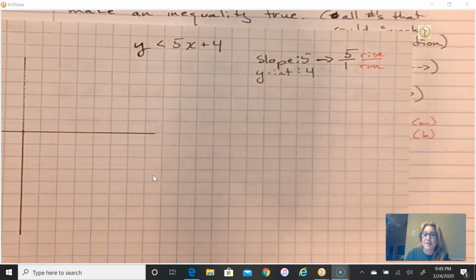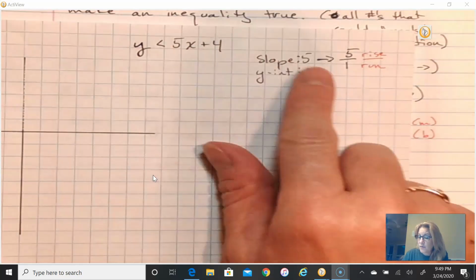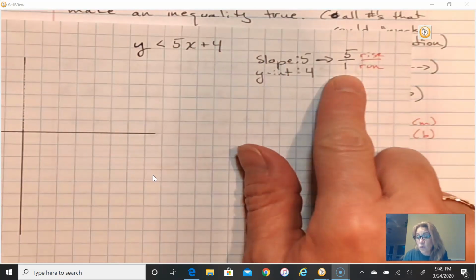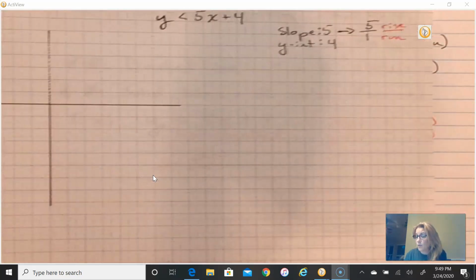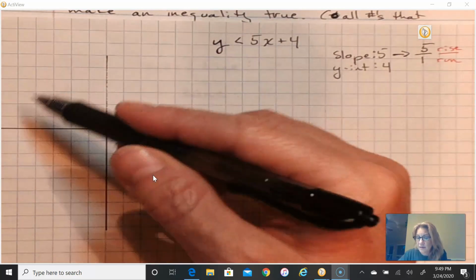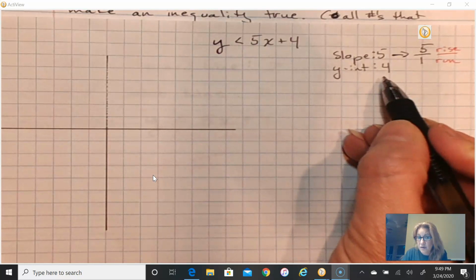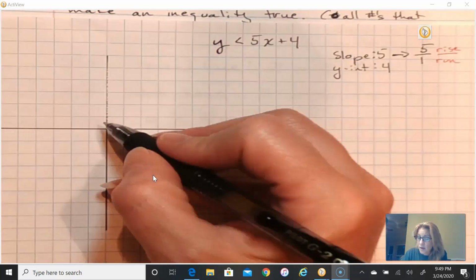Some of you even asked me that today, so take a good look. The slope is 5, but we're putting it over 1 because it's rise over run. What is the first thing I graph on this Cartesian plane? The 4. The y-intercept goes first.